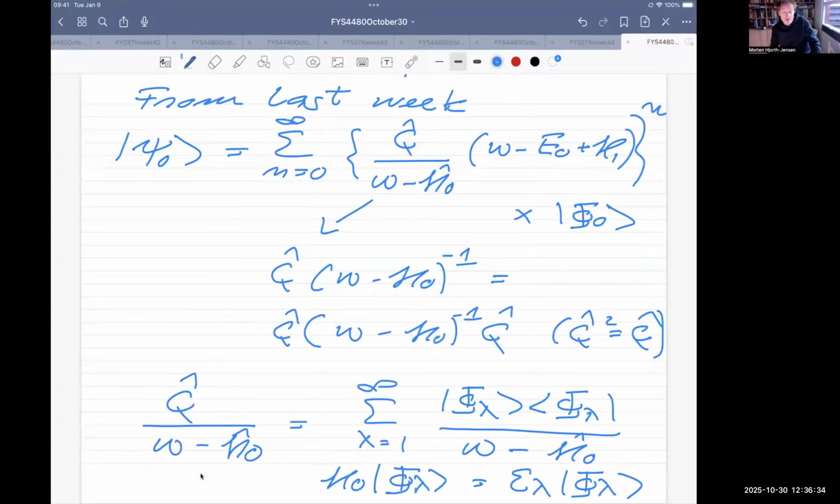So in our case, we have made the assumption that these phi's, the basis which we have, is an eigenbasis of the non-interacting Hamiltonian. Then what we could do is multiply this equation here from the left with phi 0.